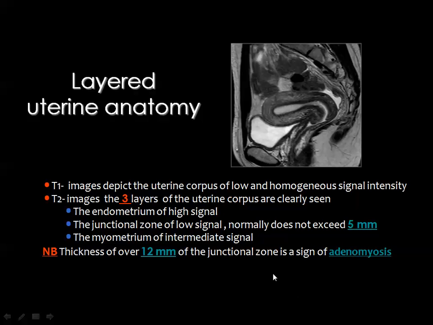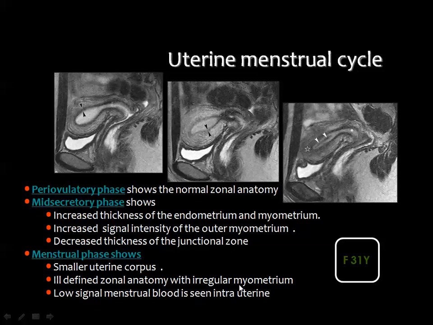The junctional zone normal thickness should not exceed 5 millimeter, and this is very helpful in the assessment of uterine adenomyosis, where you can see that there is significant increase of the thickness of the junctional zone, as I will mention, and it is stated that a thickness of the junctional zone over 12 millimeter is diagnostic of adenomyosis.